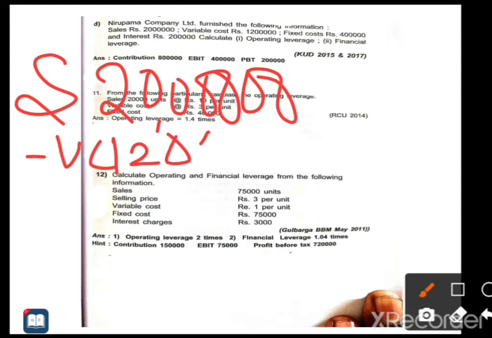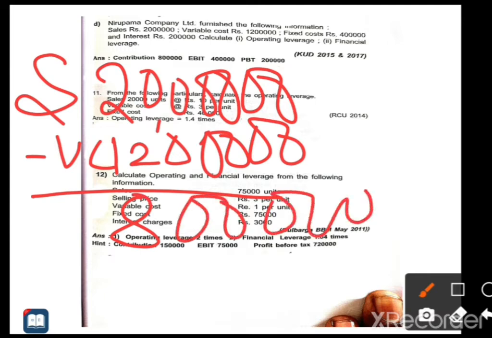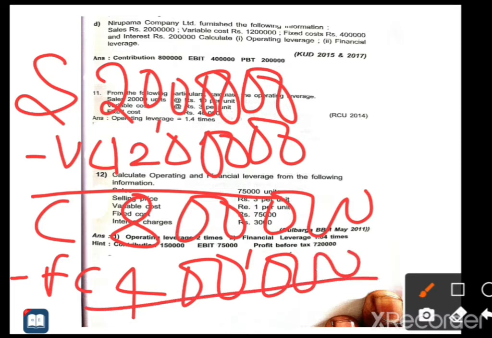After deducting variable cost, we get 8 lakh. So this is the contribution. Then less fixed cost. The fixed cost given in the problem is rupees 4 lakh, and the remaining 4 lakh is the EBIT.